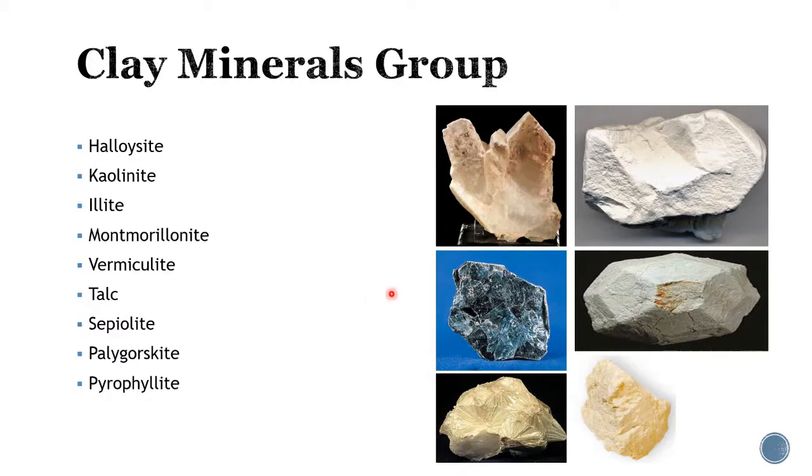These are the pictures I have chosen for you to show you different types of clays, like this is halloysite, this is kaolinite, and a few other types of clays. This is pyrophyllite, which has got a kind of needle-like structure.